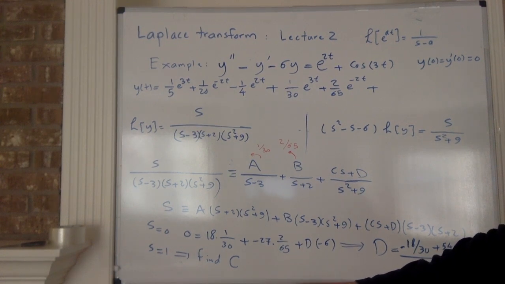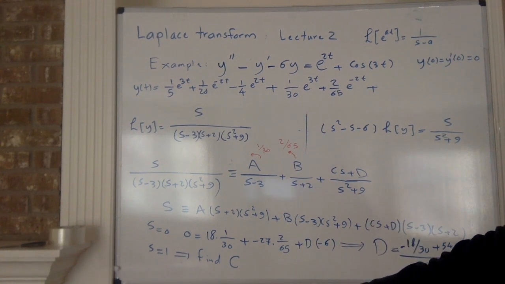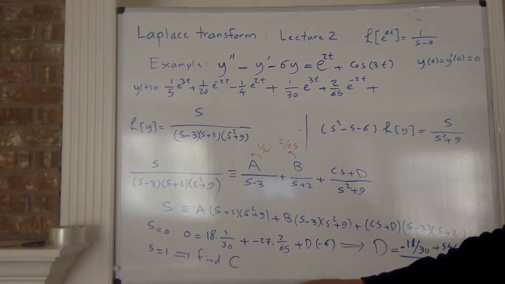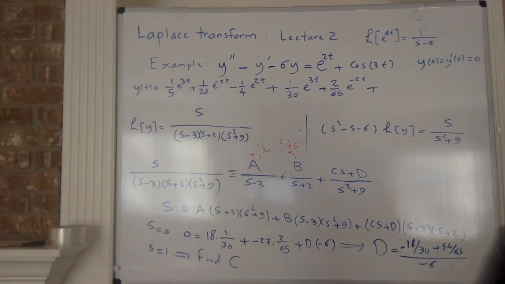Let's see. Did I find 1 over 90 or 1 over 30? What happened?